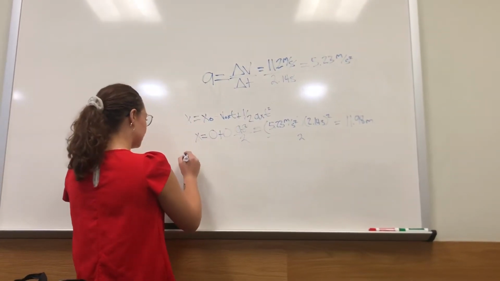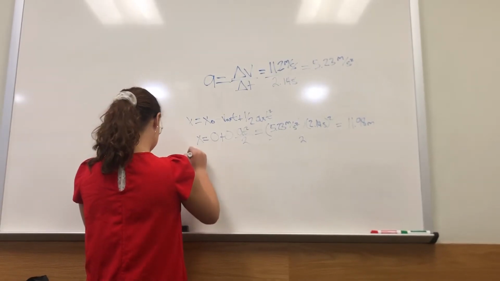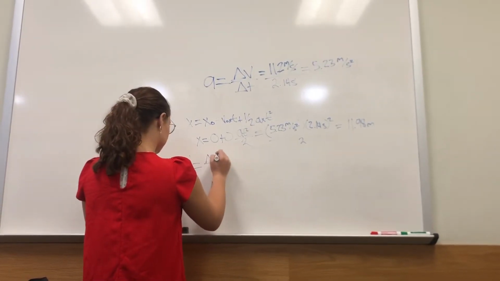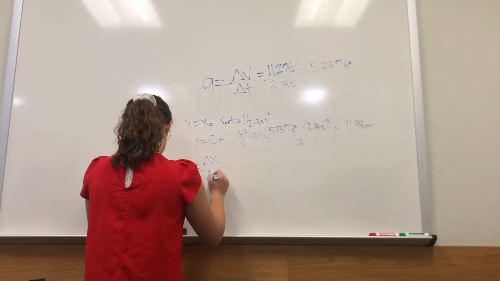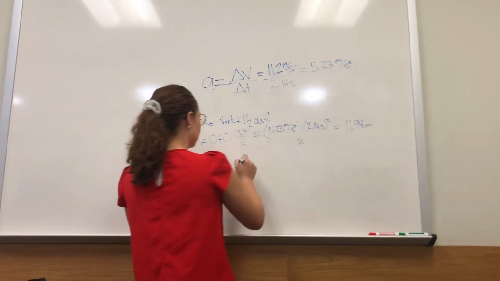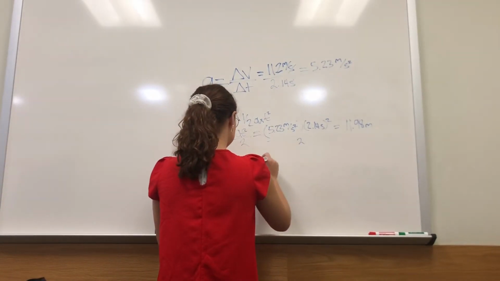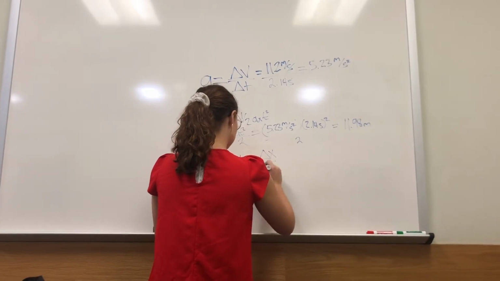Okay, so the 11.98 meters he ran while accelerating, we now have that. So now we can use the equation velocity equals change in position over change in time. And since we're solving for time, we're going to rearrange it to get time equals change in position over velocity.